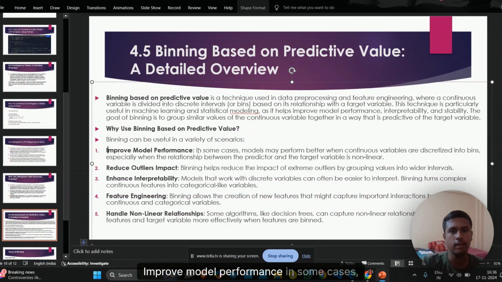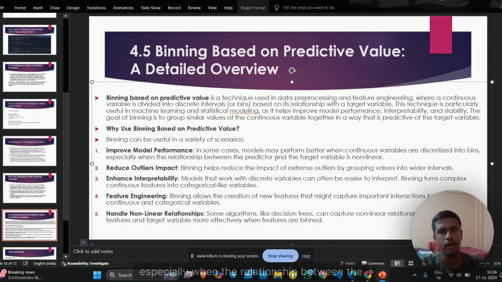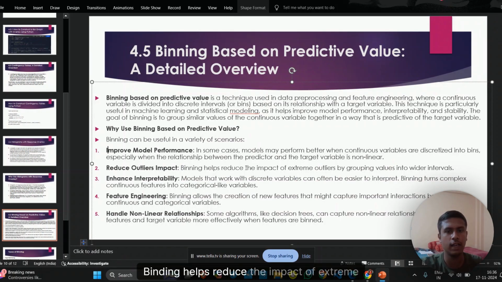Improve model performance. In some cases, models may perform better when continuous variables are discretized into bins, especially when the relationship between the predictor and the target variable is non-linear. Reduce outliers impact. Binning helps reduce the impact of extreme outliers by grouping values into wider intervals.